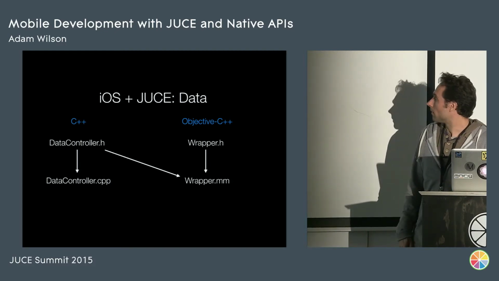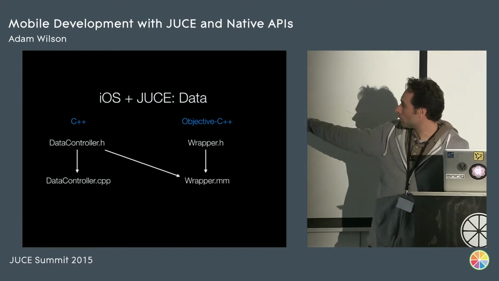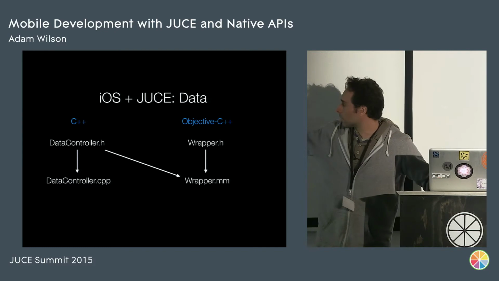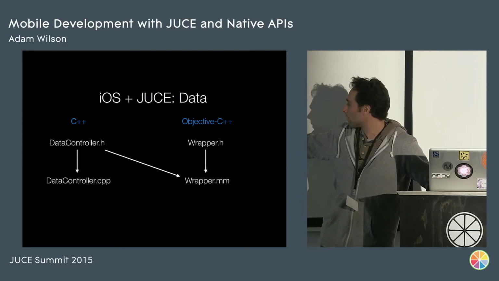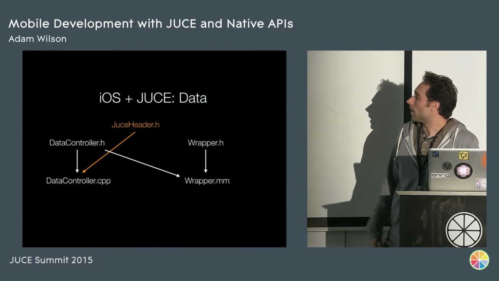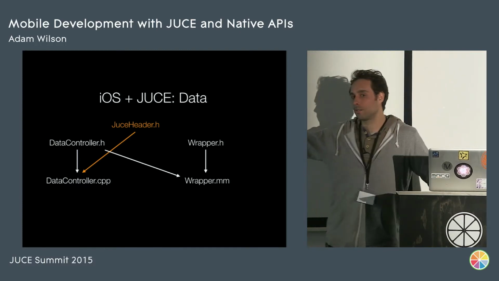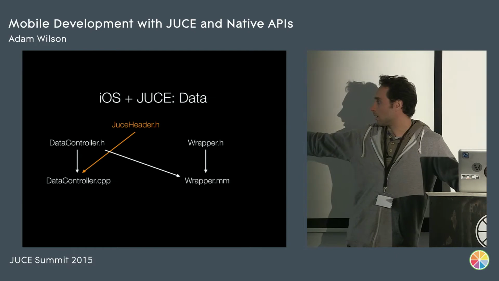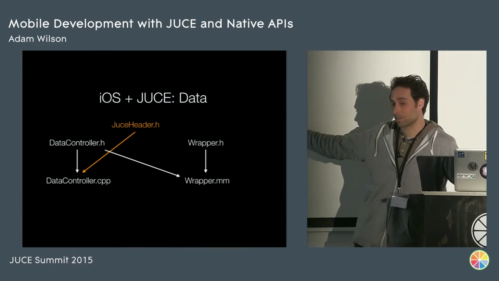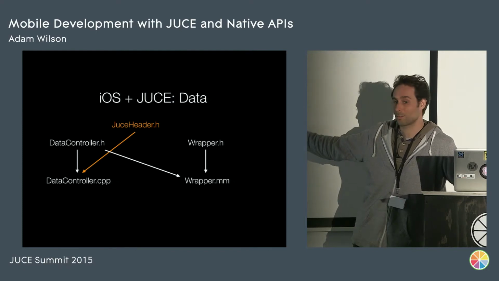So the arrows show you the imports or includes. The data controller header is included in the wrapper implementation file. And the JUCE header, importantly, is only included in a data controller implementation, not in the header, because otherwise you're going to confuse Objective-C, because it doesn't know what to do with the JUCE header.